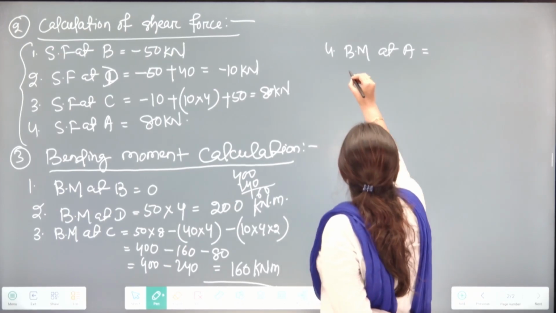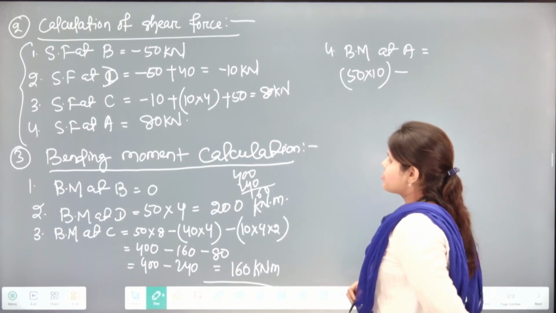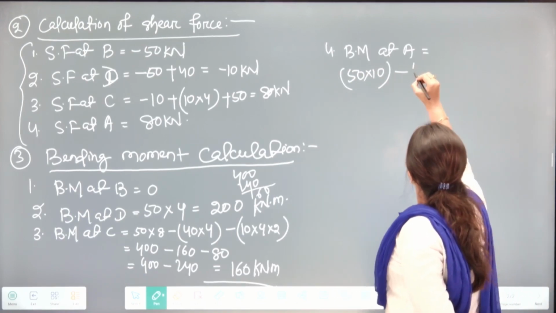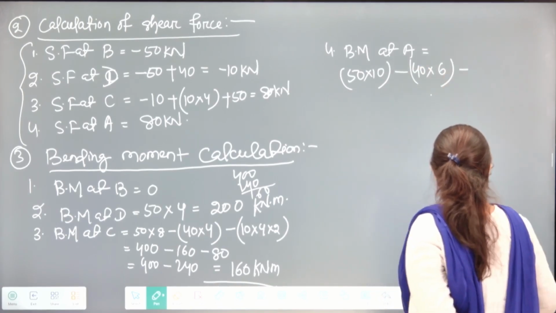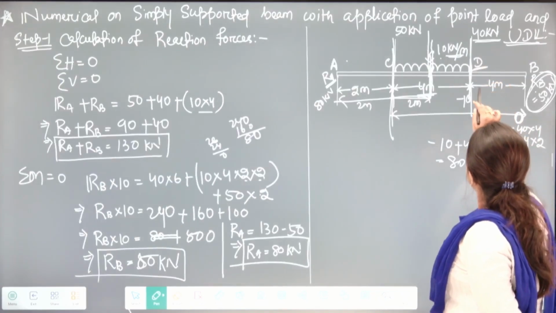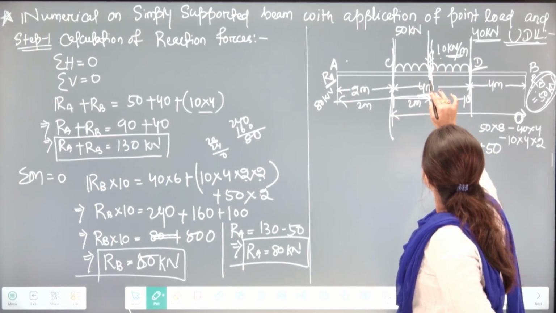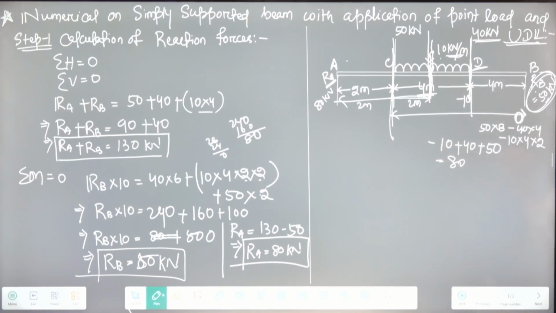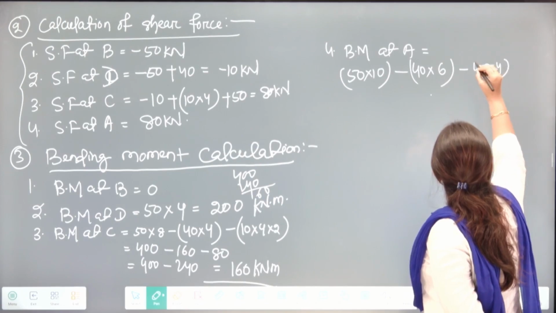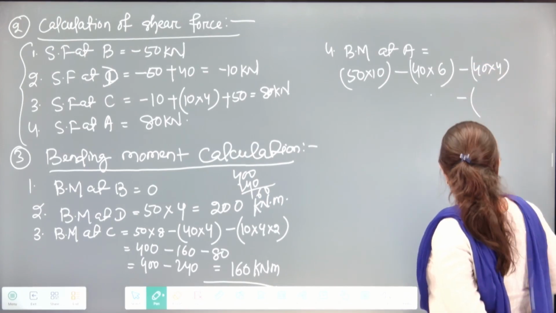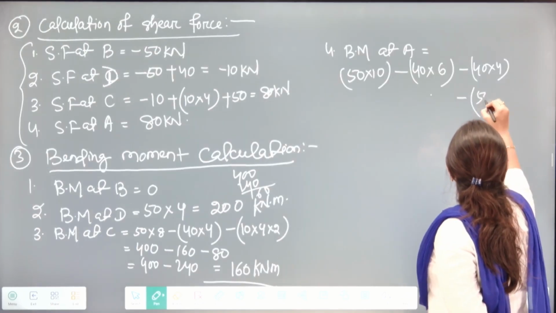So we will have first 50 into 10 minus 40 into 6 minus this 40 into 4 plus 2, again 40 into 4, again minus of what, 50 into 2.